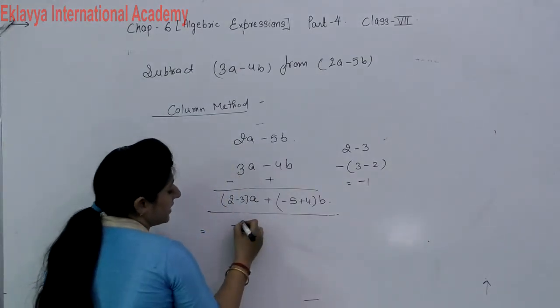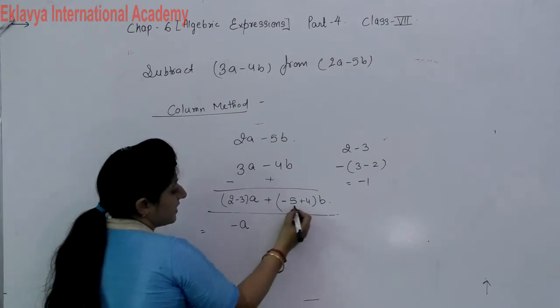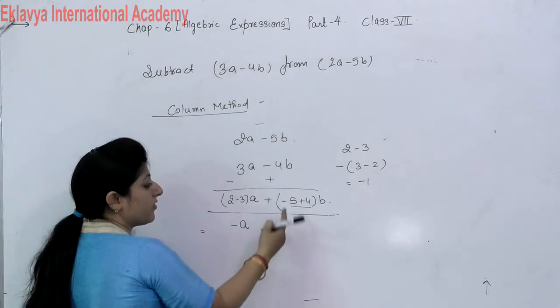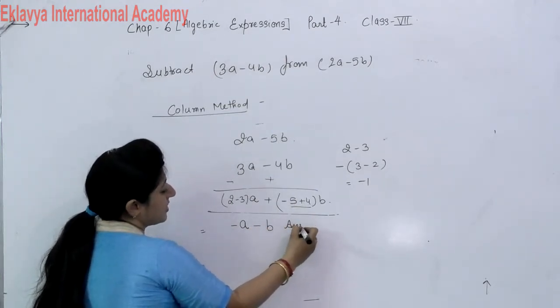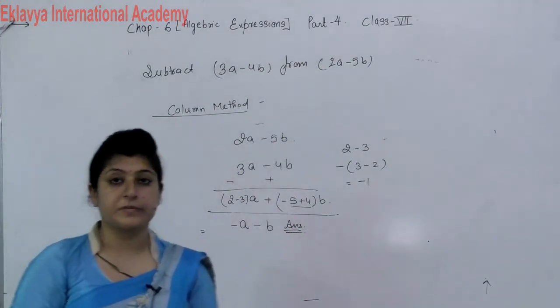And minus 1, there is no need to write down 1, minus a, plus the same 5, minus 5 plus 4, 5 minus 4 is 1, but negative sign here, then minus b. Then our answer is minus a minus b.